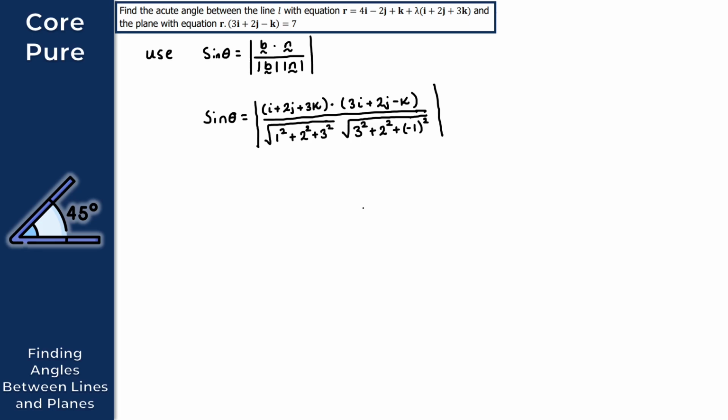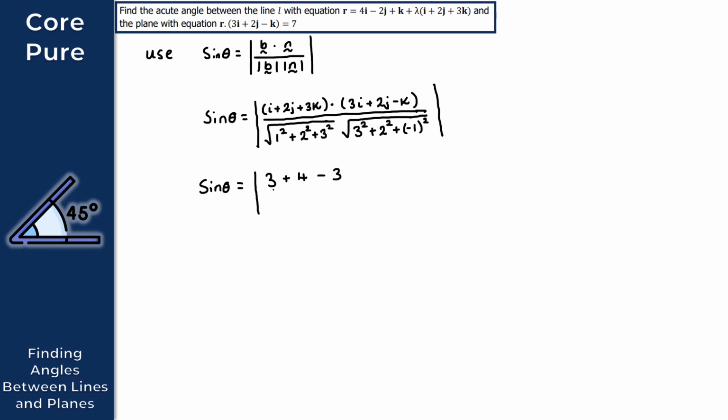So let's start with the scalar products within the numerator. Sine theta is equal to, 1 times 3 gives me 3, and we take the modulus. We then do 2 times 2, so that's plus 4. And then 3 times minus 1 gives us minus 3.